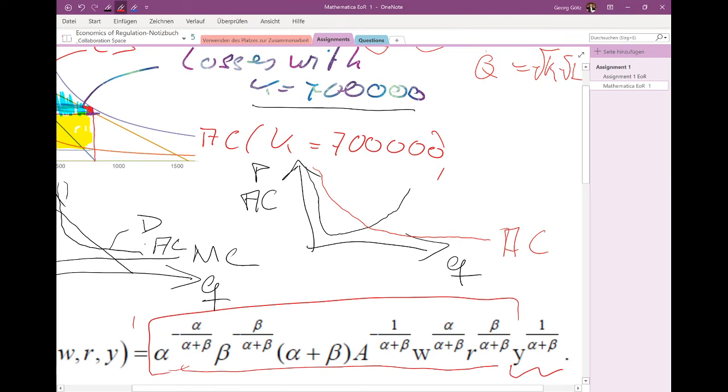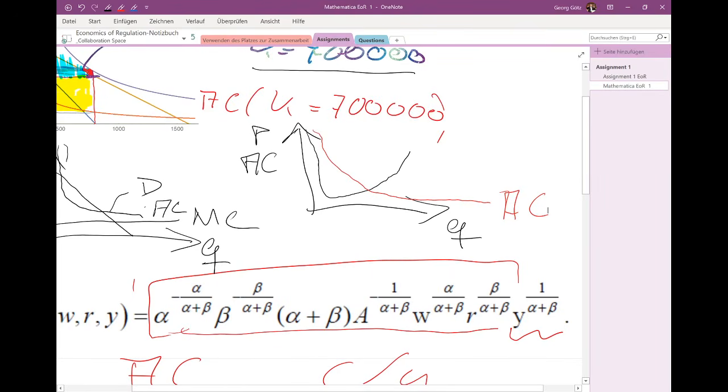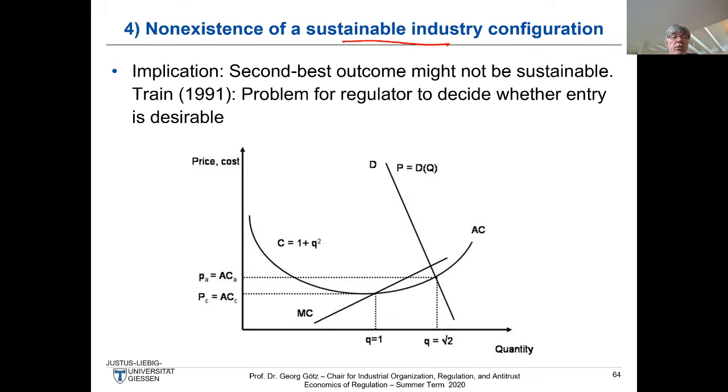The shape of the average cost curve really depends on the respective K here. So the one is K0 and the other is K1.